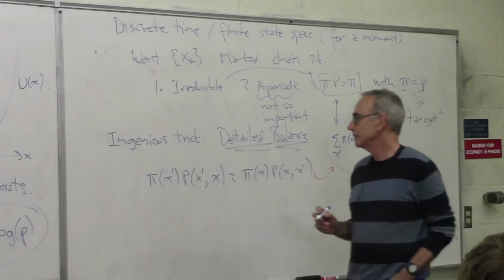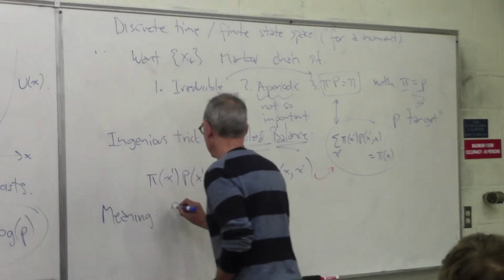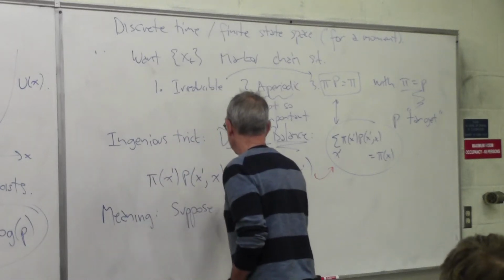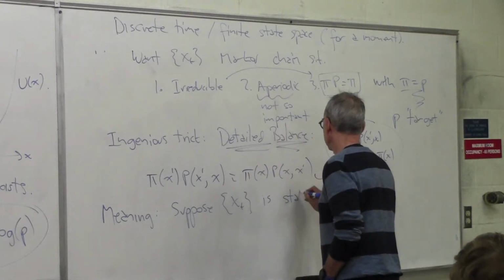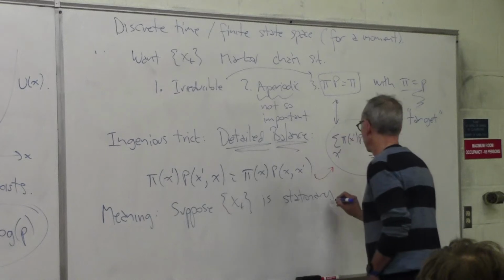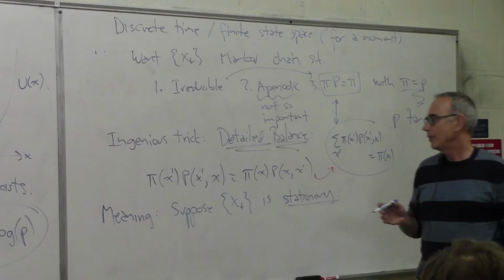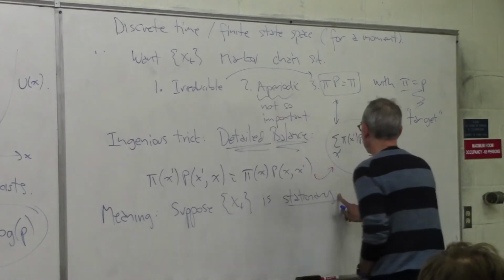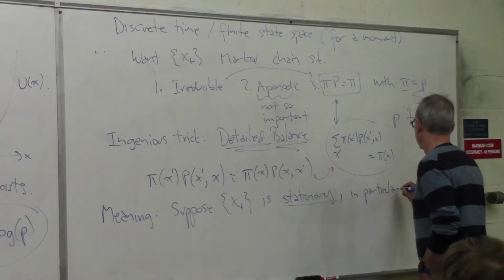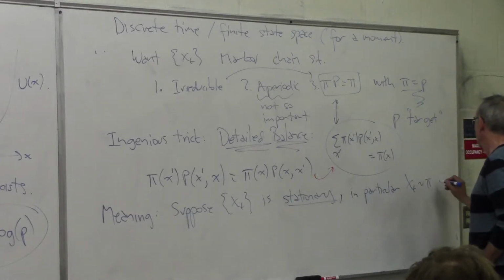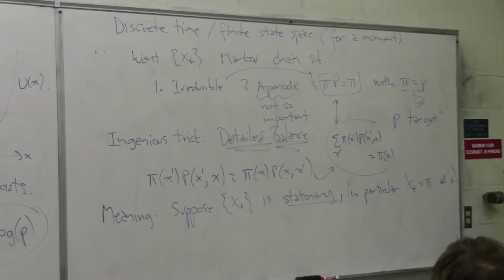And so to see what it means, suppose xt is stationary, and so in particular xt is distributed according to pi for all t.